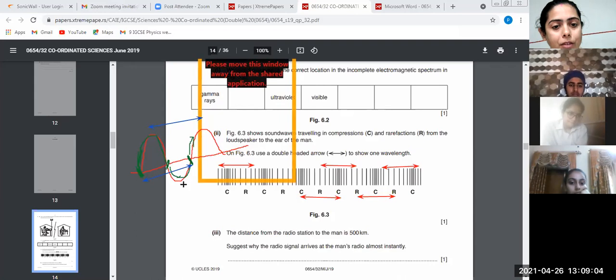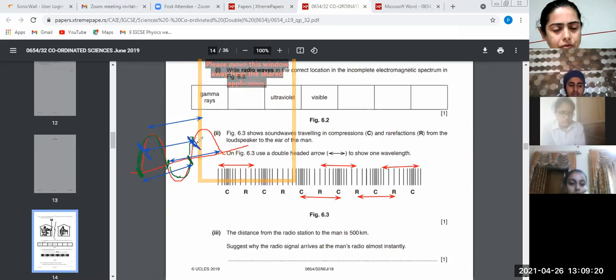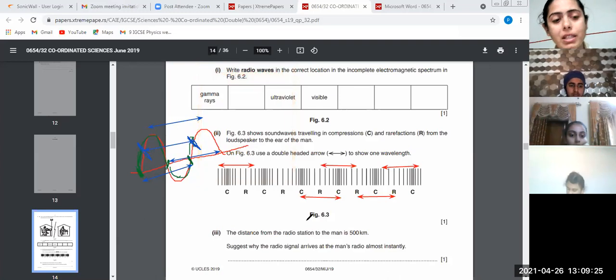It can be from the first trough to the second trough. It can be from here till here. It can be from here till here. Like you start from here and you reach till here, where the repetition begins. Got it? So one wavelength means till where the repetition does not start.